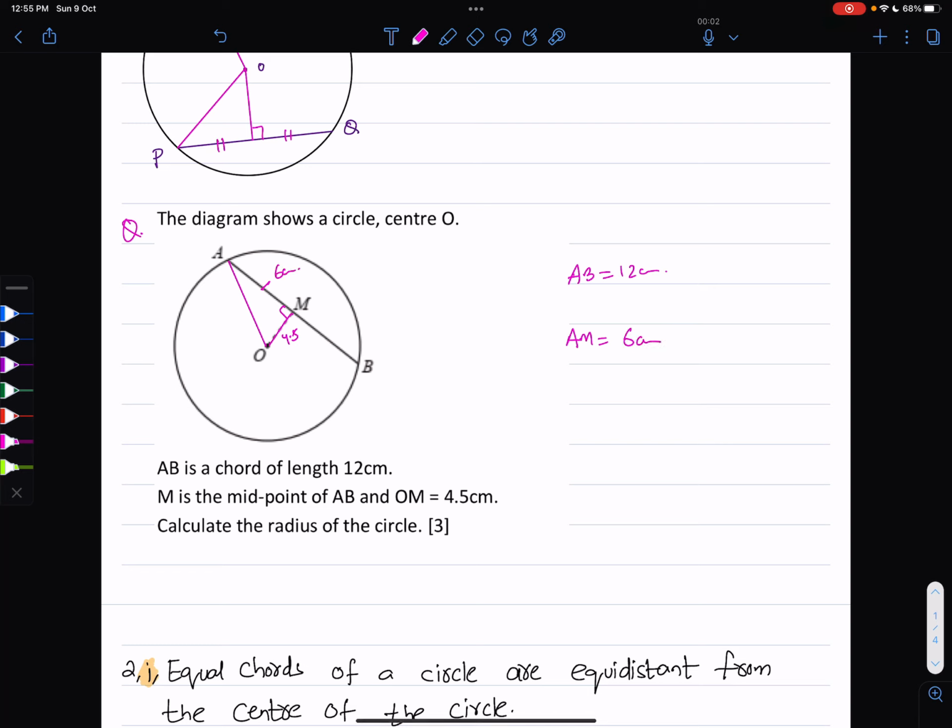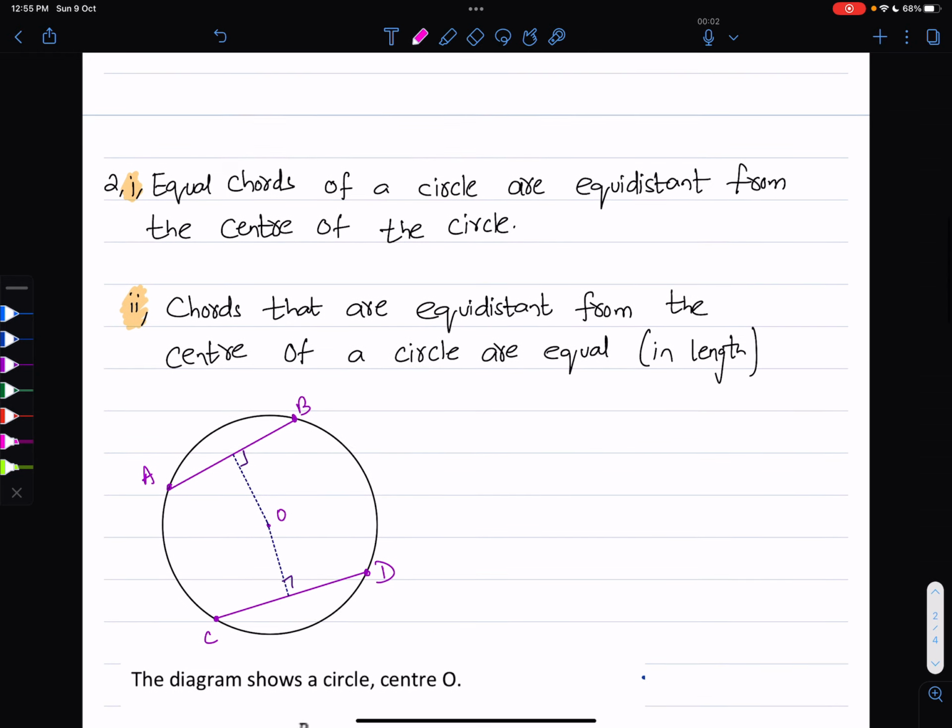If this is 6 centimeter and OM is 4.5, then to calculate the radius of the circle, which is represented by OA, you can just use Pythagoras theorem, and that's going to be the square root of 6 squared plus 4.5 squared. If you calculate this, you are going to get 7.5 centimeter. So that was the first property.